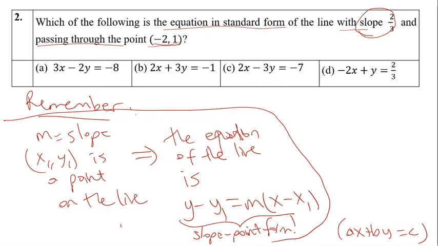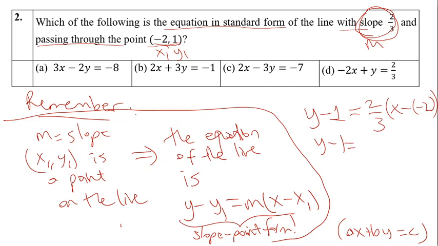The slope is 2 over 3, and this is (x1, y1). So we can write the equation: y minus 1 is equal to 2 over 3 times x minus (-2). It gives us y minus 1 equal to 2 over 3 x plus 2.